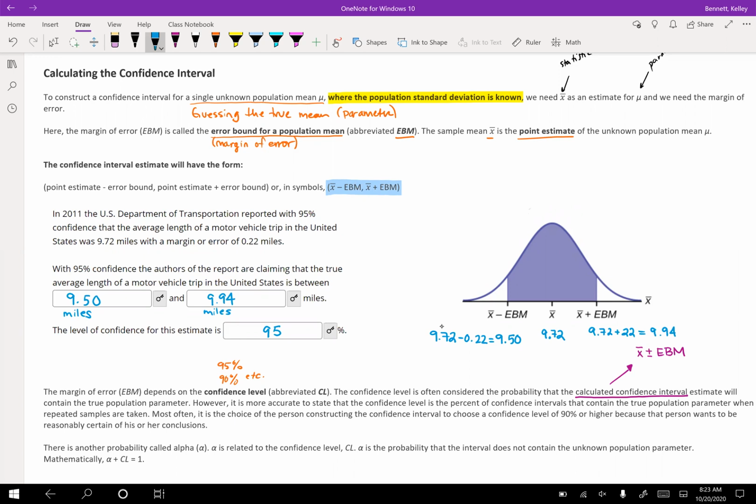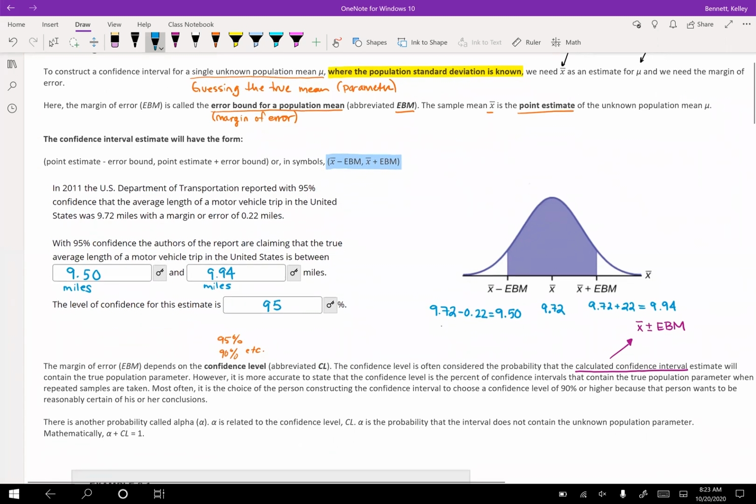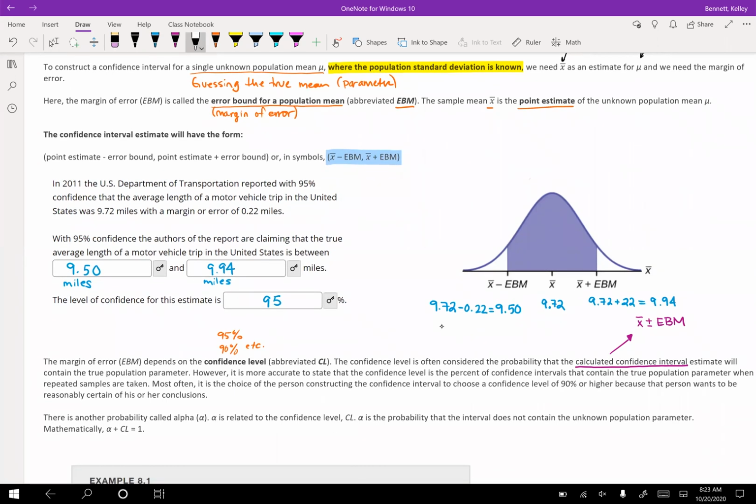You're kind of casting a net, saying my net's really good. I'm 95% confident that it's going to contain the population mean. The area under here is 95%, and that goes with how confident you are.